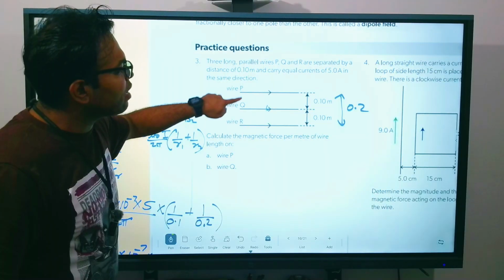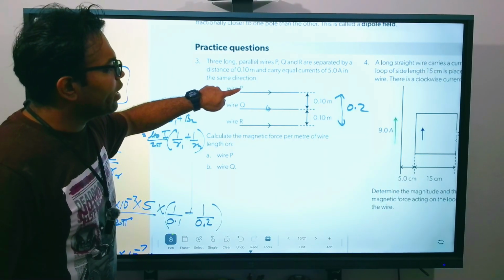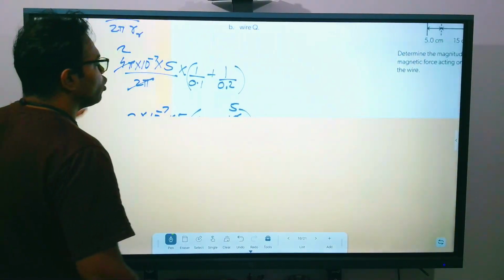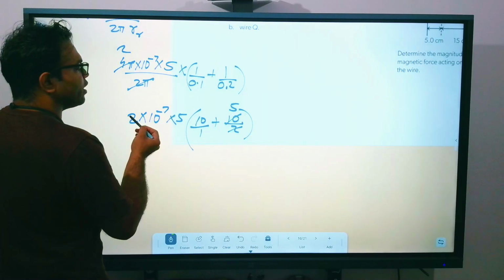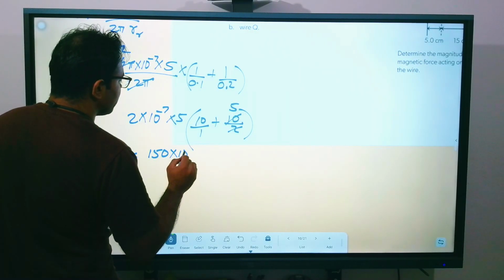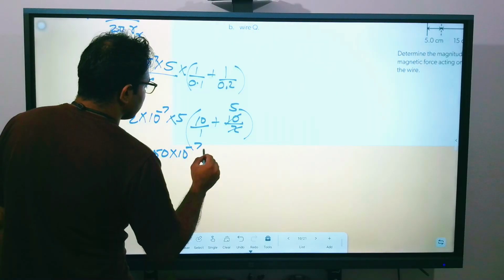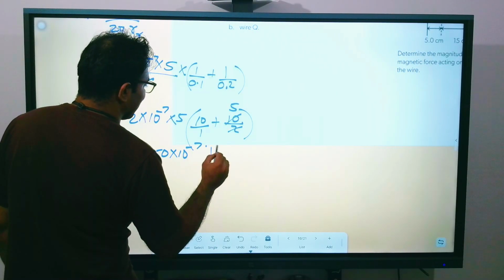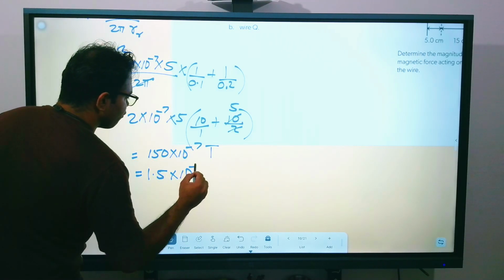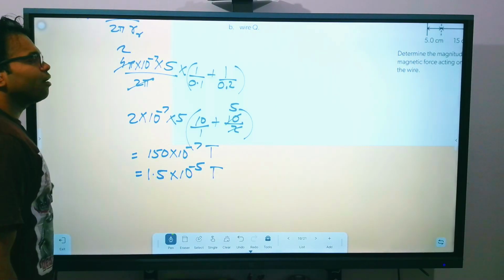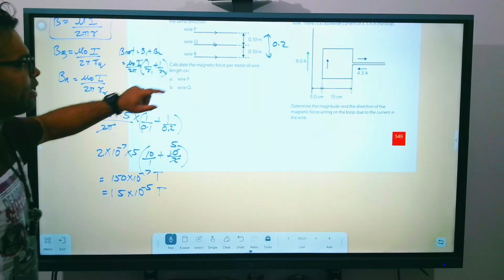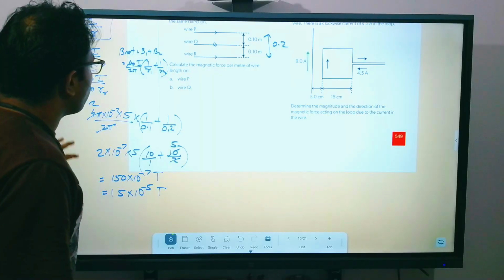Both Q and R are producing the same direction of magnetic field, but the magnitude is different because the distance is increasing. So what do I get? 15 into 5 is 75, so 1.5 into 10 to the power of minus 5 Tesla. This is the net magnetic field that is acting on our wire.